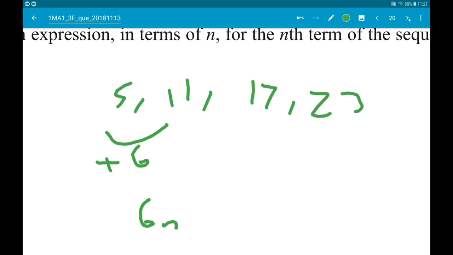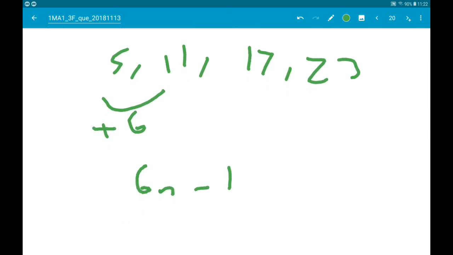Now, n is the term number. For the first term, n is equal to 1. So, if we do 6 times 1, we get 6. We need 5. So we then need to subtract 1. So, we can check that works. 6n minus 1. For the second term, n is 2. 6 times 2 is 12. Minus 1 is 11. So, that is our guy.